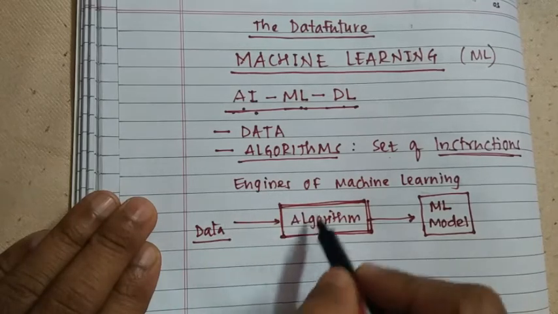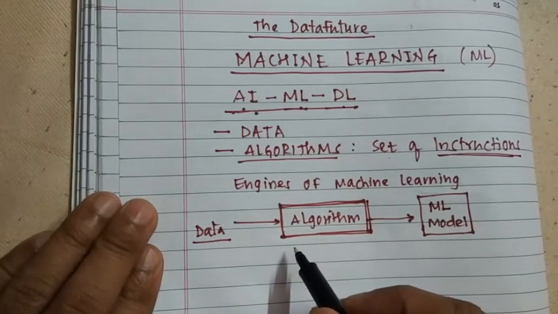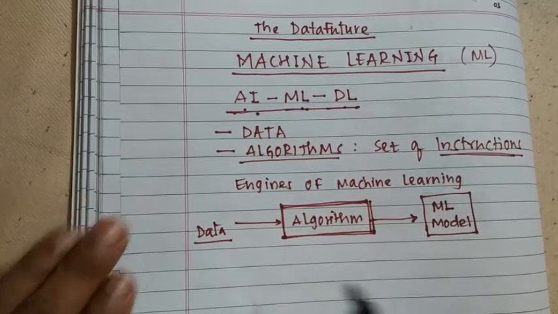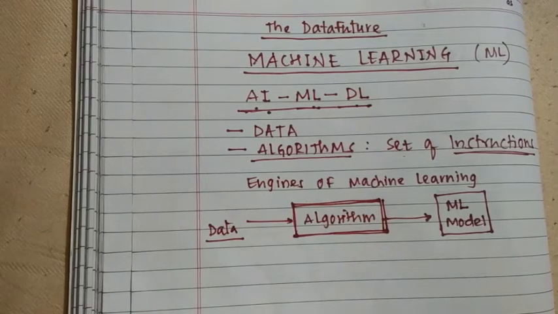Now, what do we mean by algorithms? Algorithms are computer-implementable instructions to solve problems or to perform a computation. Very simple.